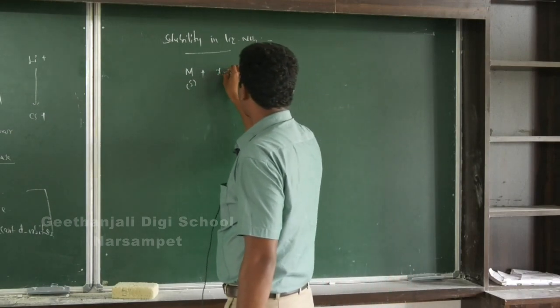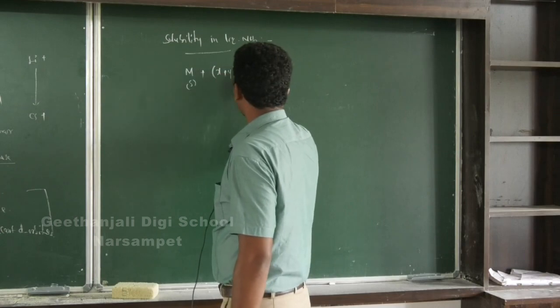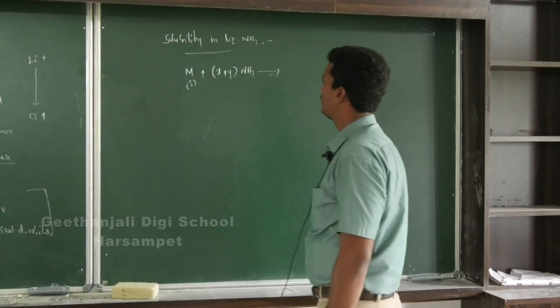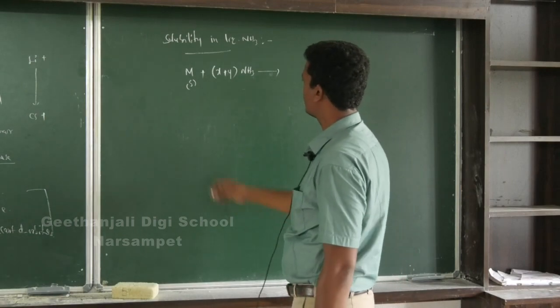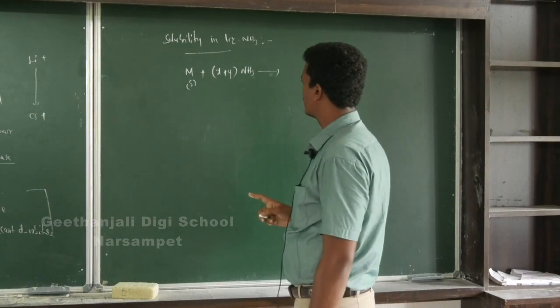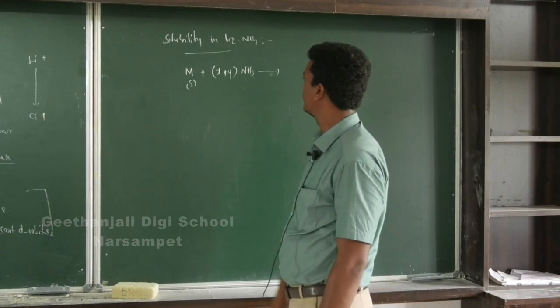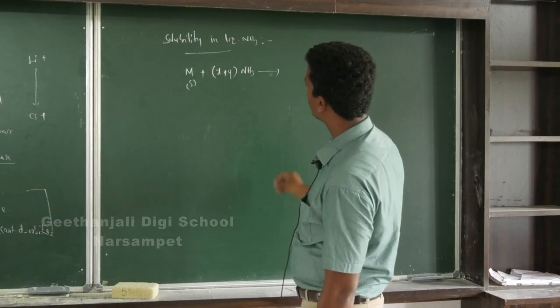So, the equation expressing the solubility of alkali metals in liquid ammonia is: M is the alkali metal, plus x plus y moles of NH3.